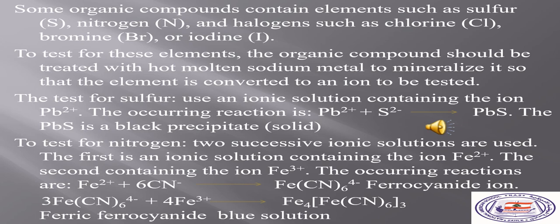The first reaction takes place between Fe2+ ions and 6 CN- polyatomic ions to produce a huge polyatomic ion known as ferrocyanide ion, which has the formula of Fe(CN)6 and a charge of 4-.